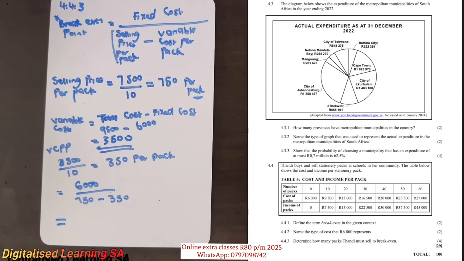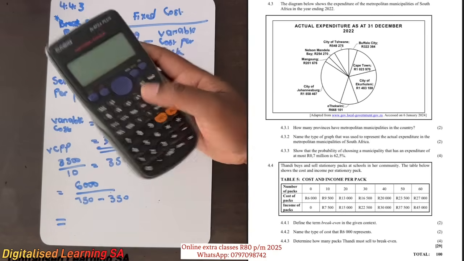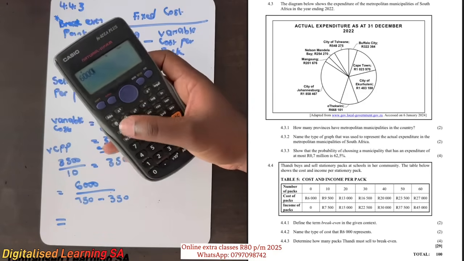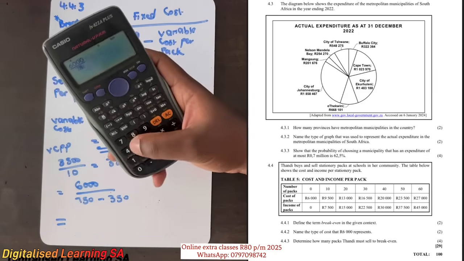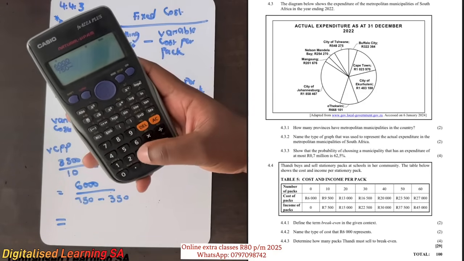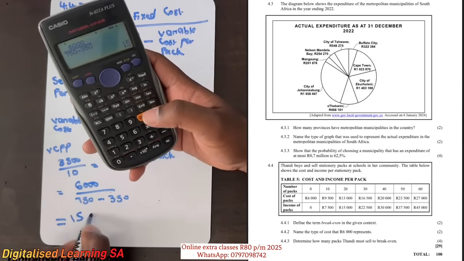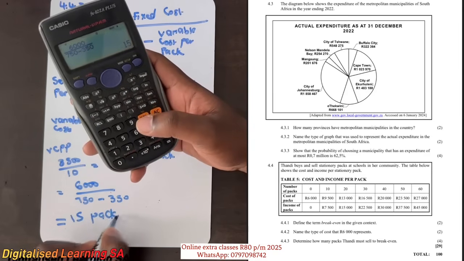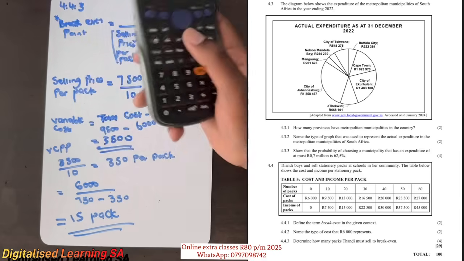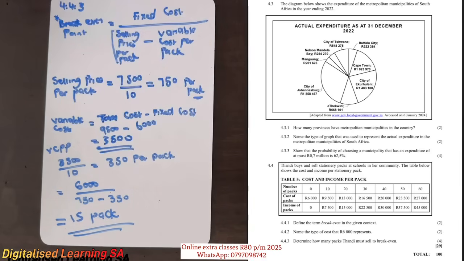So it's 6,000 divided by 750 minus 350, and our answer will be 15 packs. So the number of packs that Thandi must sell to break even is 15 packs, and that brings us to the end of our question paper.